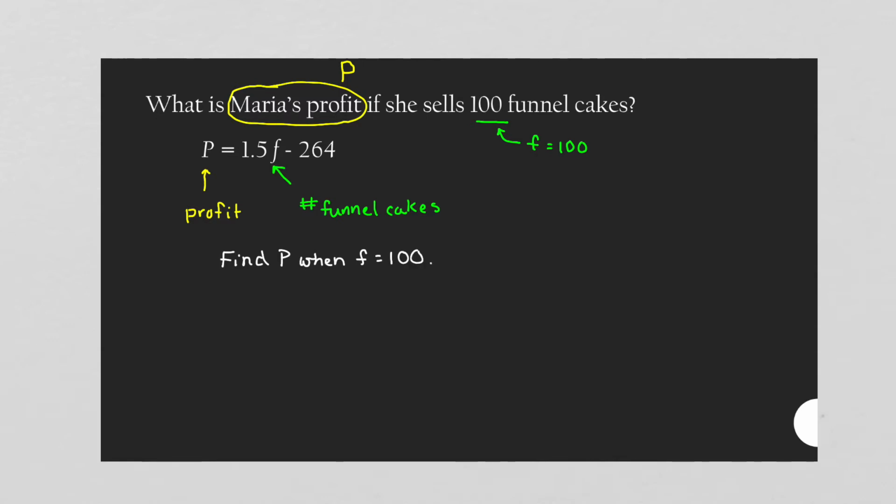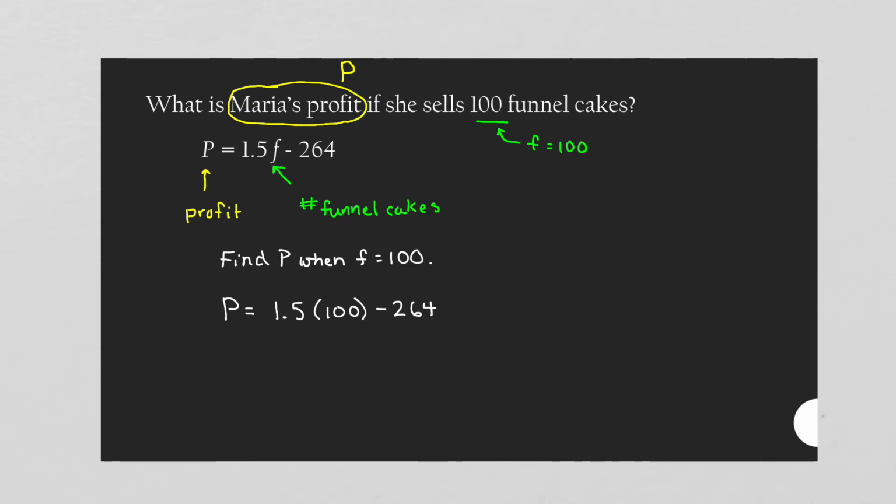And how do we do that? Well, we simply take 100 and we plug it into our formula. So we have P equals 1.5 times 100 minus 264.